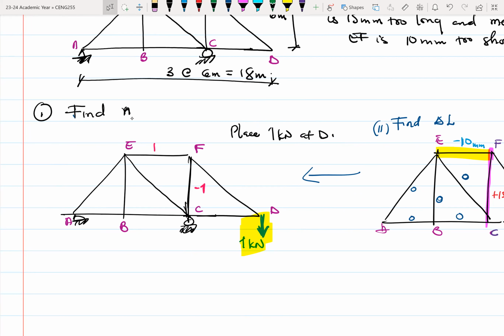So again, the critical members will be member EF and then member CF. In my case, I only solved for the forces in member EF and member CF.